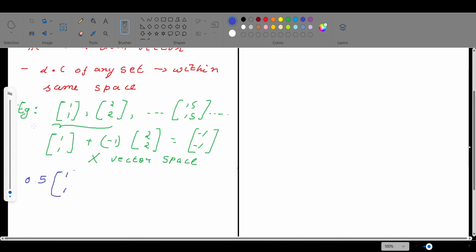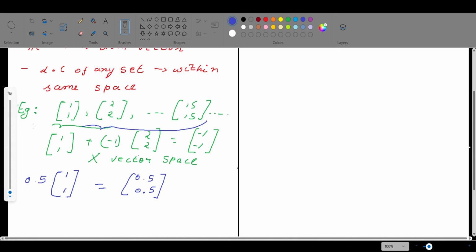Now you may have the doubt that this is not a linear combination, but you could say it's a linear combination because you're multiplying every other vector by 0. Think of it in that way. Okay, now this is equal to 0.5, 0.5. And is this vector within the vector set we talked about?